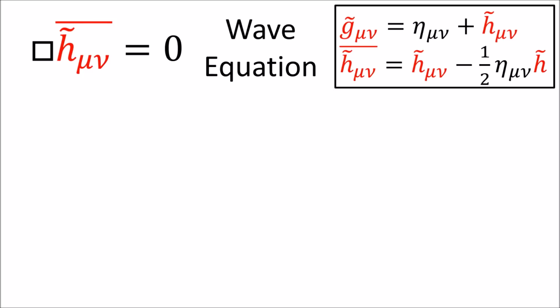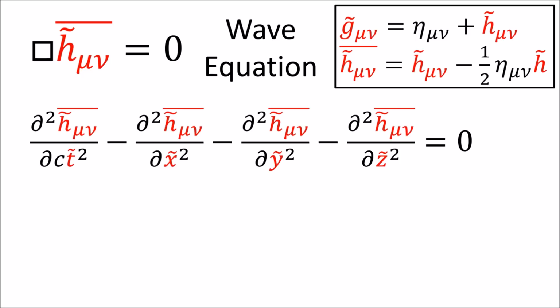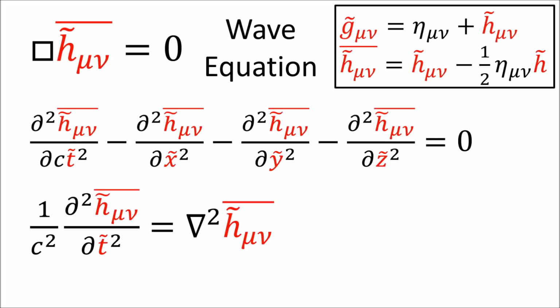So in Lorenz gauge coordinates in the vacuum, the h bar components satisfy the wave equation, written here using the square D'Alembertian operator. We can also rewrite the D'Alembertian as second derivatives of our spacetime coordinates, and rewrite the spatial derivatives as the Laplacian operator.